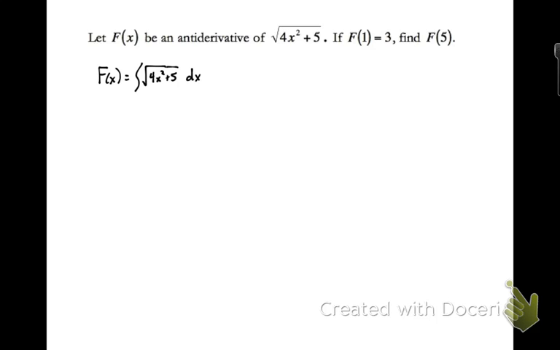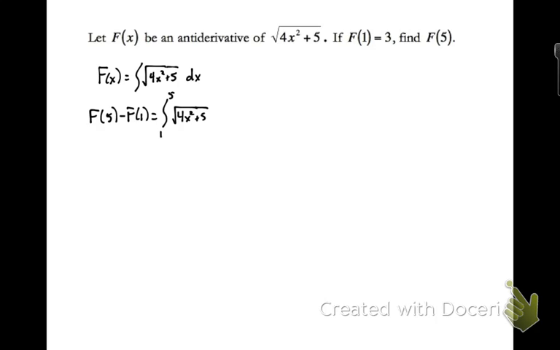And we're told that F of 1 equals 3, and we'd like to find F of 5. So immediately we need to think, alright, well F of 5 minus F of 1 will equal the integral from 1 to 5 of the square root of 4x squared plus 5.